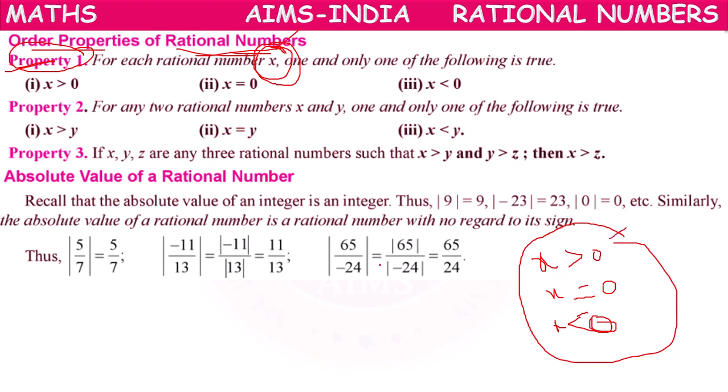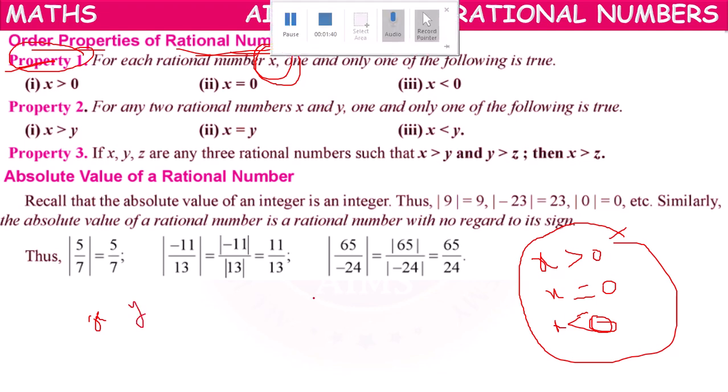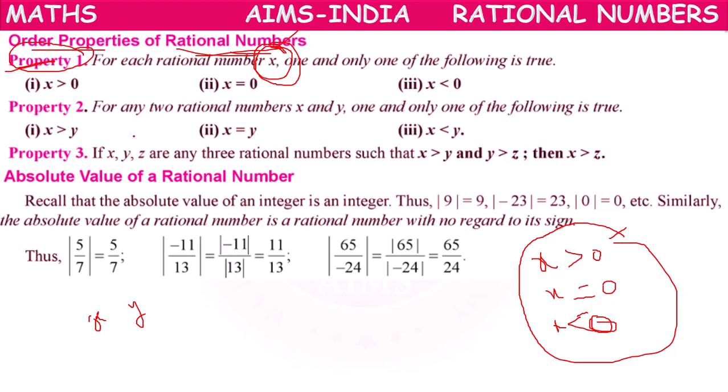Now, if we have two rational numbers x and y, then also only one condition is possible: either the first is greater than the second, or the first is equal to the second, or the first is less than the second.